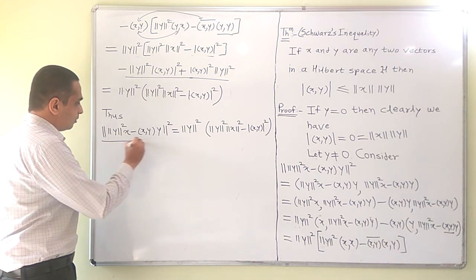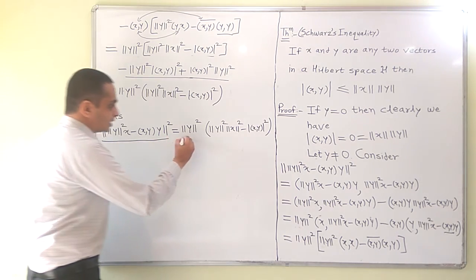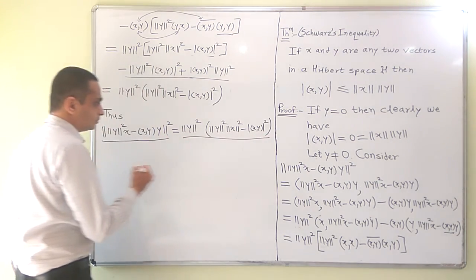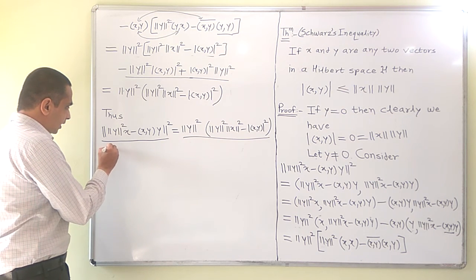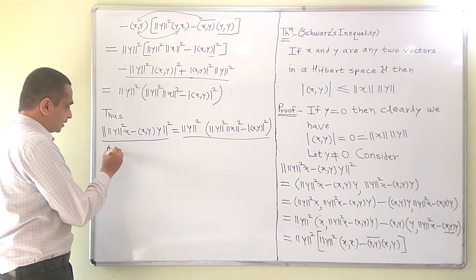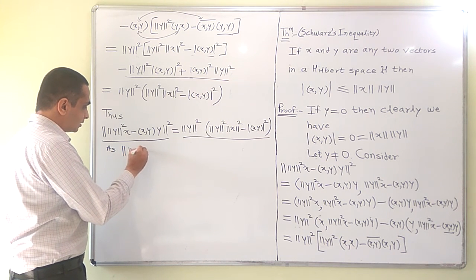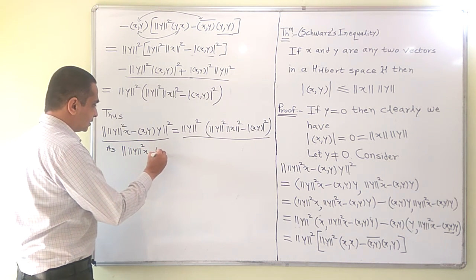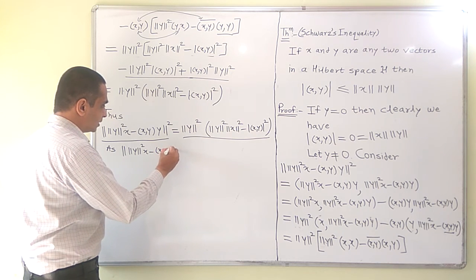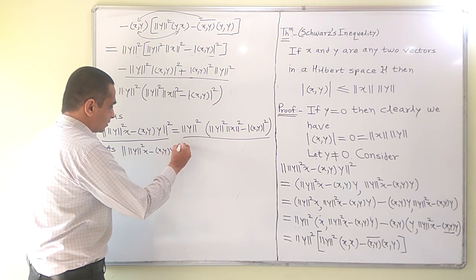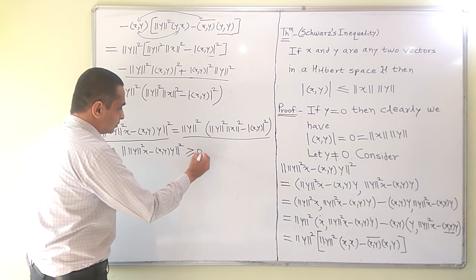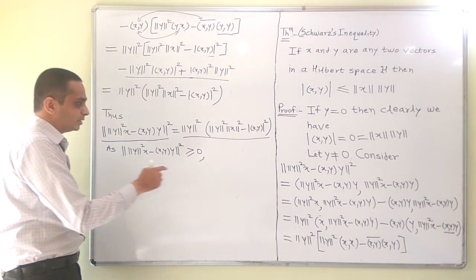You observe that norm of any vector is non-negative, so that's why this will also be non-negative. As this is non-negative, norm of y square x minus xy square is non-negative. Term on left hand side is non-negative.